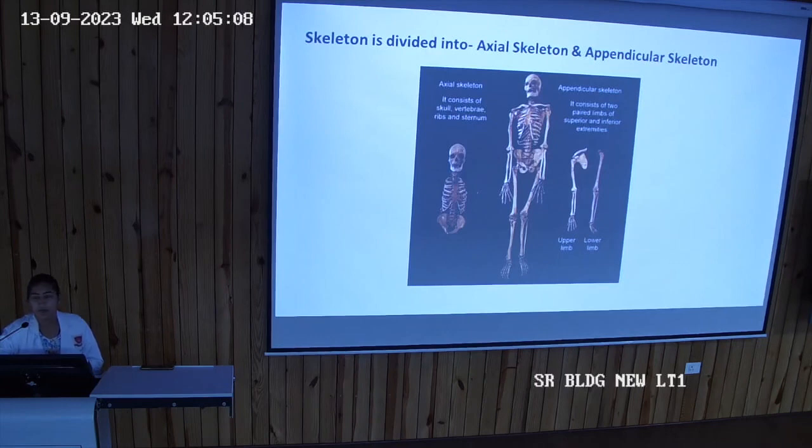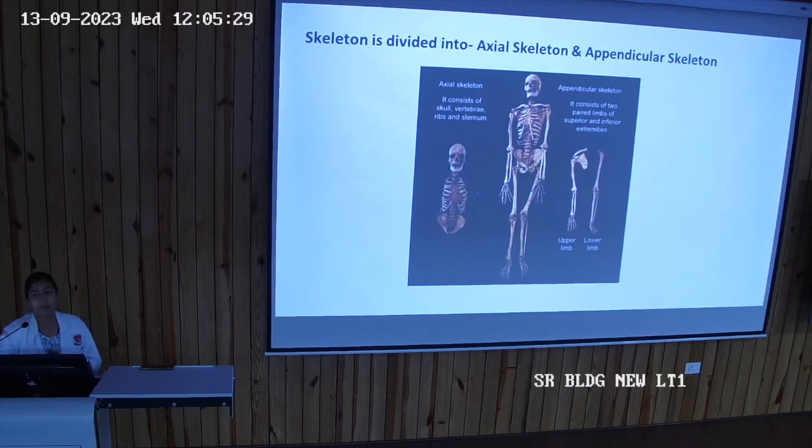If we do a section of the human body, what do you call that plane? Mid-sagittal section. So in the mid-sagittal section, what are the bones that are coming? The plane is crossing the skull, vertebra, sternum.